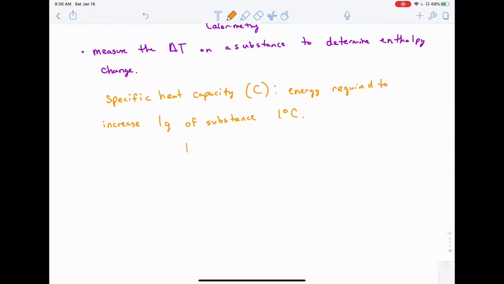For water in liquid form, that is 4.18 joules per gram degree Celsius or Kelvin. It doesn't really matter which unit of temperature you use, Celsius or Kelvin, because we're looking at the difference in temperature, and the difference in temperature in Kelvin and Celsius is the same value.